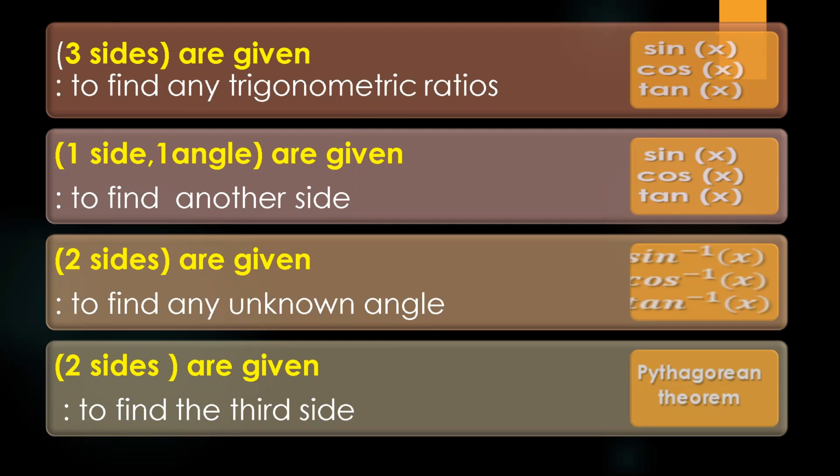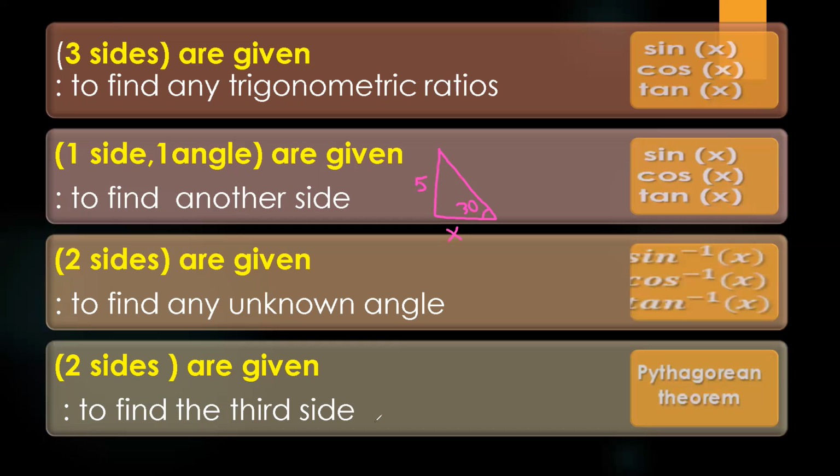Imagine you have only one side and one angle. This is a triangle here. You know that this is 5 and this is 30, as an example. And you need to find the side x.